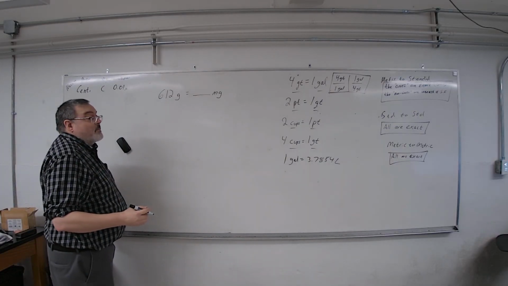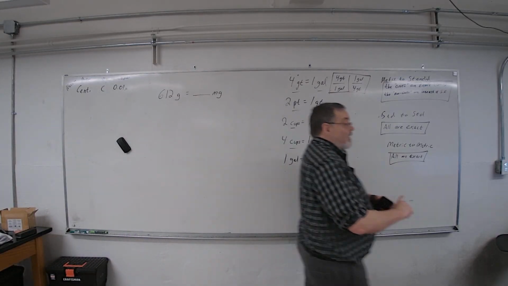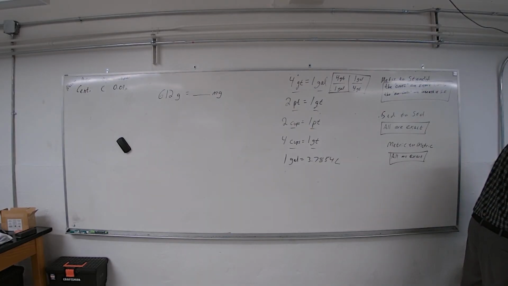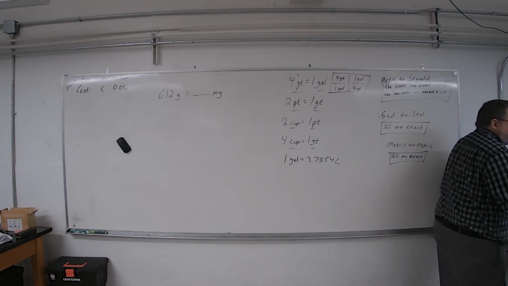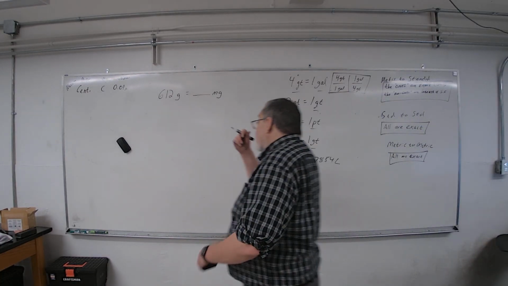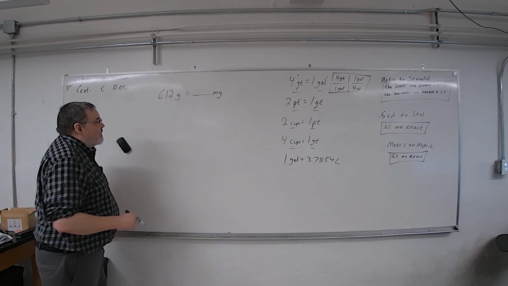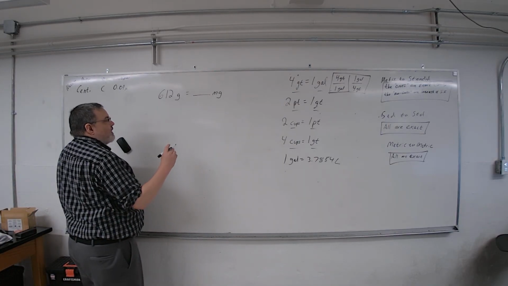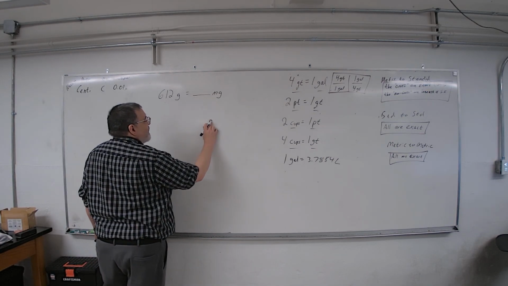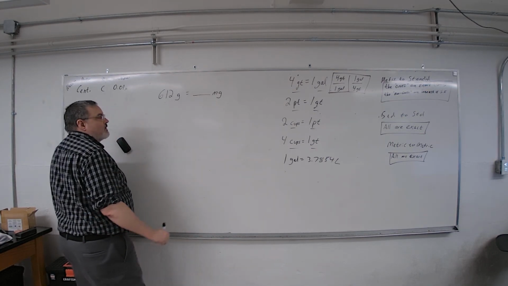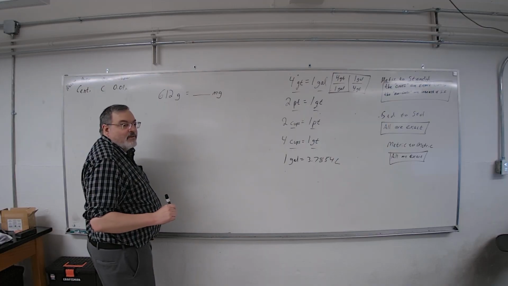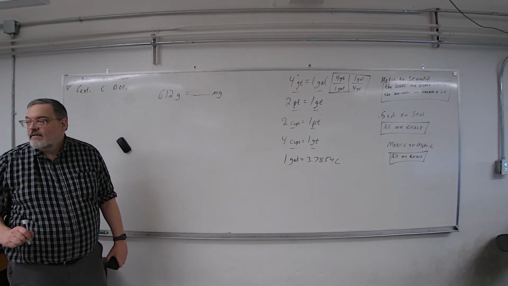All right, so let's do this in a systematic way. Just for those of you who aren't used to this, I'll make this better. Grams isn't on there. The multiplier for grams is 1. What's the multiplier for milligrams? Did you say 1,000?